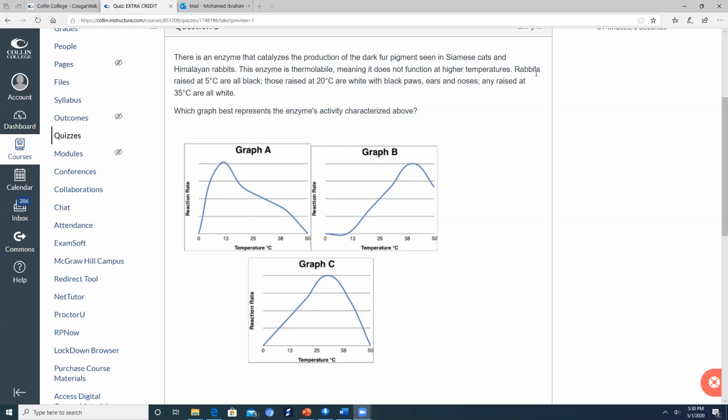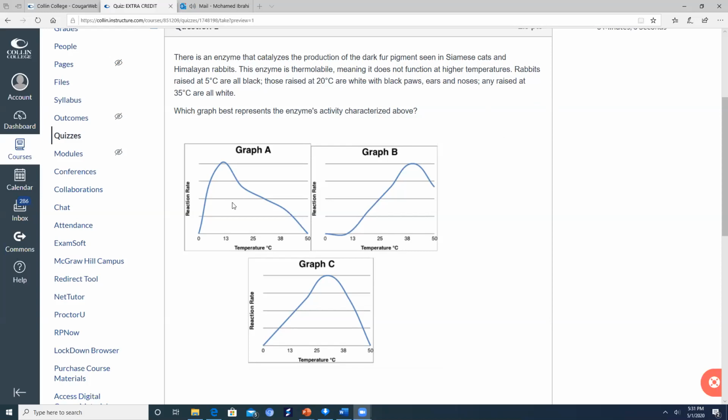If you develop rabbits or Siamese cats at 5 degrees, this is where the enzyme is active, so you expect lots of black pigmentation. When they increased the temperature a little bit, the animal was mainly white, with a little black around the paws. When they increased it further to 35 degrees, no pigmentation was found at all.